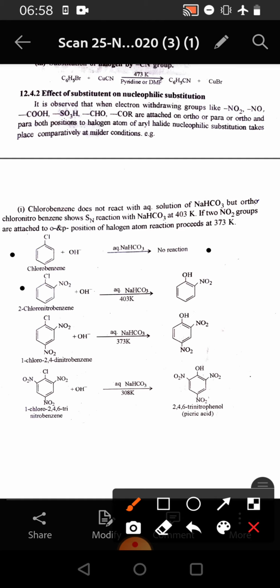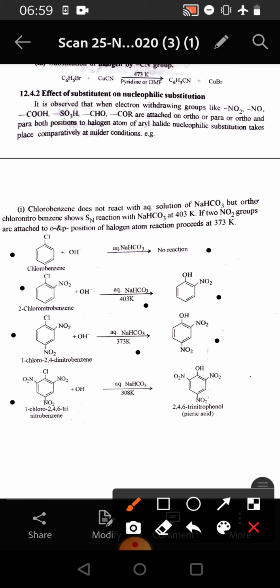But if the same reaction is carried out with 2-chloronitrobenzene, then the reaction occurs at 403 Kelvin to give ortho-nitrophenol. And if the nitro groups are increased, that is, now we use 1-chloro-2,4-dinitrobenzene, then this reaction occurs even at a lower temperature, 373 Kelvin, and we get 2,4-dinitrophenol.